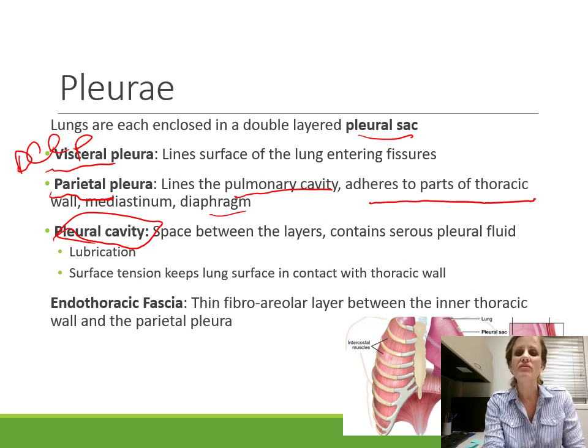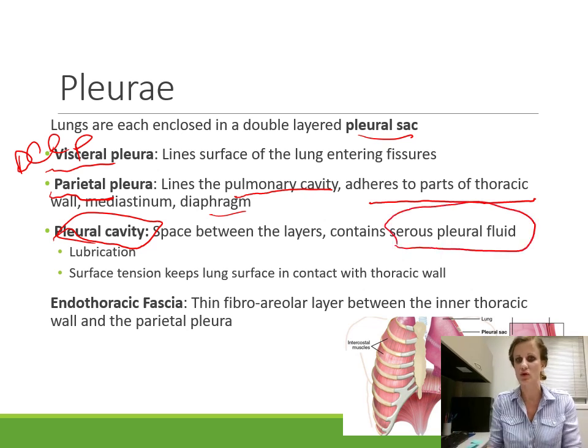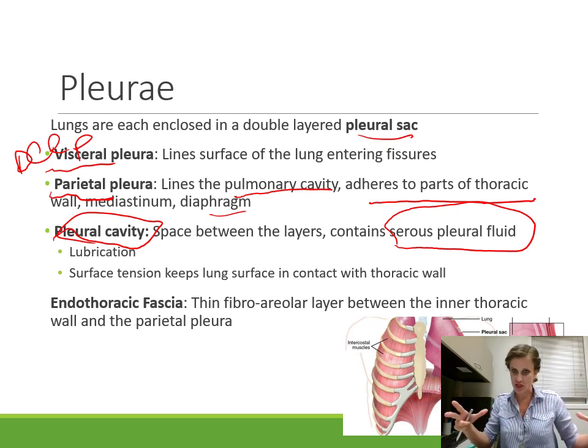And the pleural cavity contains a small amount of pleural fluid or serous fluid. This fluid is important for a couple reasons. One, it provides lubrication, right? We have these two membranes and the lungs are moving, right? And the thoracic cavity is moving. During inhalation and exhalation, we have an expansion and then a deflation of the pleural cavities and of the lungs.